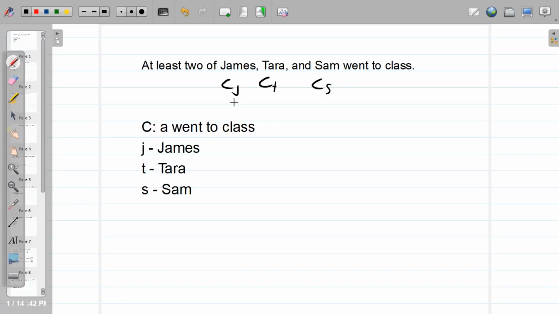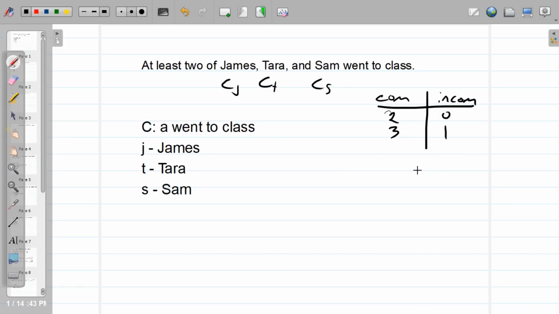What are the cases that are compatible with at least 2? Well, 2 is certainly compatible, and 3 is also compatible, so we have to capture both of those cases. We want to rule out 0 and 1. So we need a representation that gets these and rules these out.